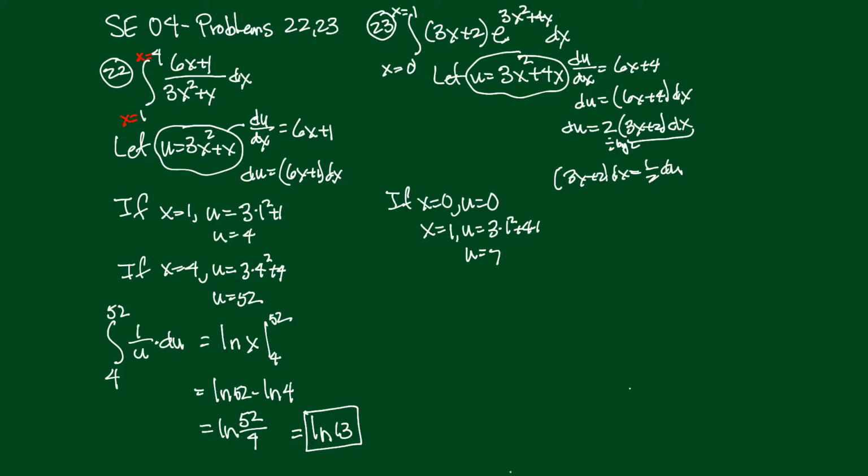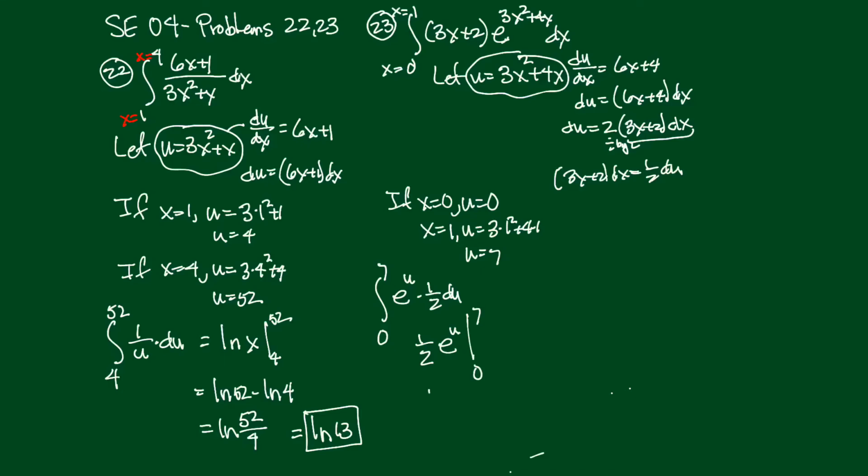So here's our integral. We're going to go from u equals 0 to 7 of e to the u times 1/2 du. So now this is going to give us 1/2. The integral of e to the u is e to the u, and we're going from 0 to 7.